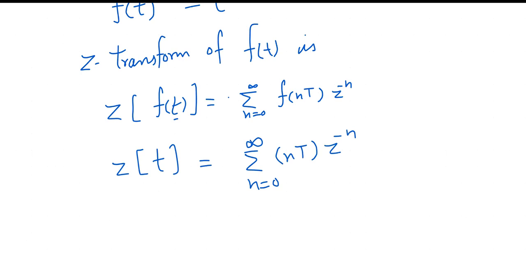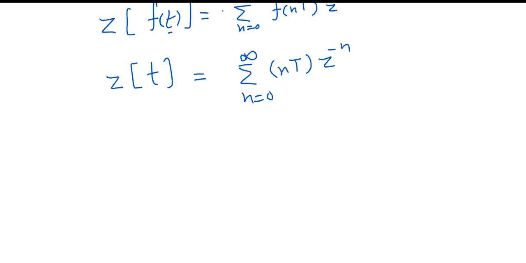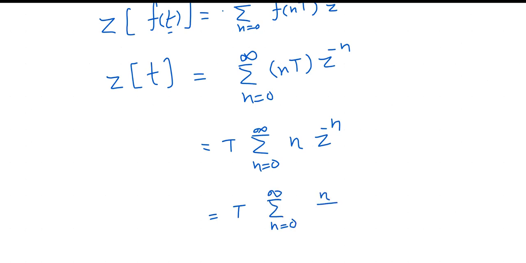T is constant, so take it outside. Then we have the summation from n equals 0 to infinity of n into Z to the power minus n, or we can write T times the summation from n equals 0 to infinity of n upon z to the power n. So now let us find the expansion for this.